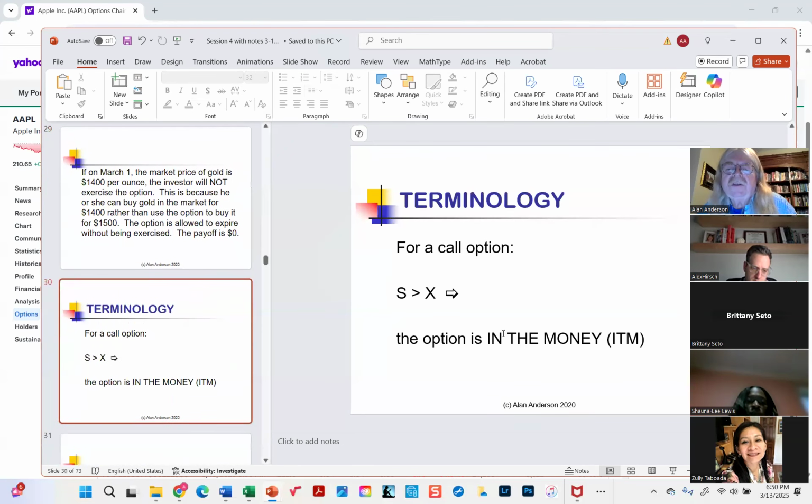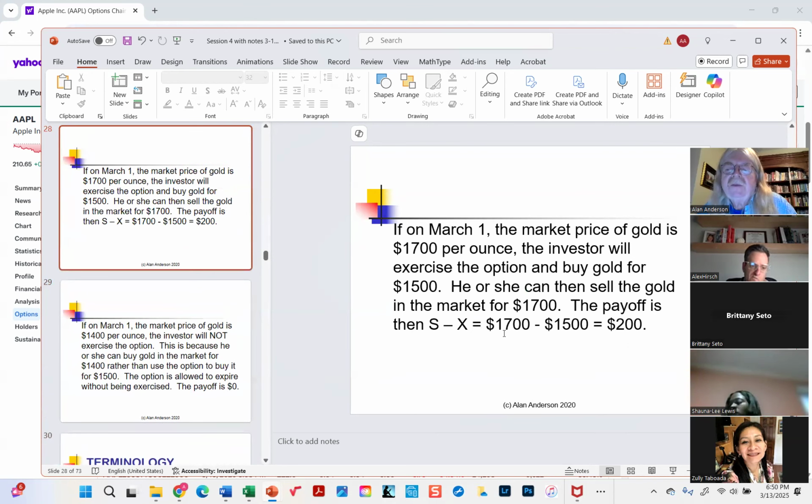So imagine there are two different scenarios here. In scenario one, the market price of the gold on March 1st is $1,700 an ounce. Now you have the right to buy it for $1,500 an ounce, so of course you're going to do exactly that. You use your option to buy the gold for 1,500.